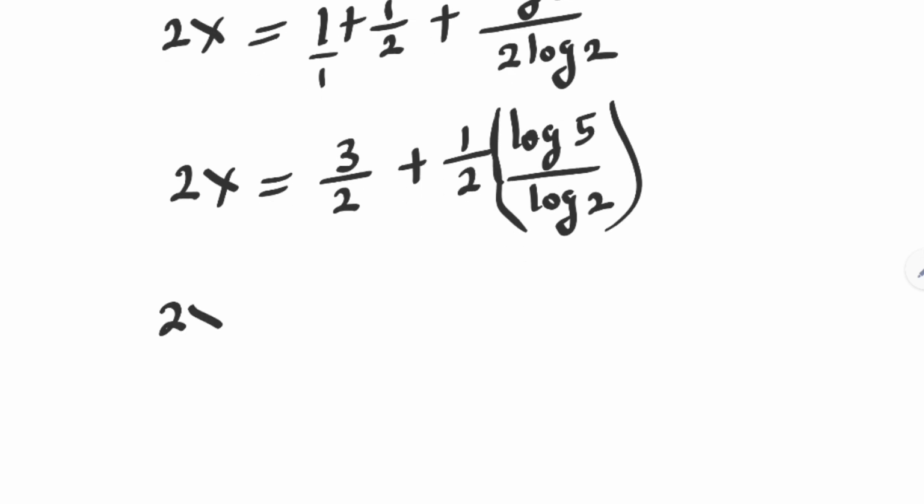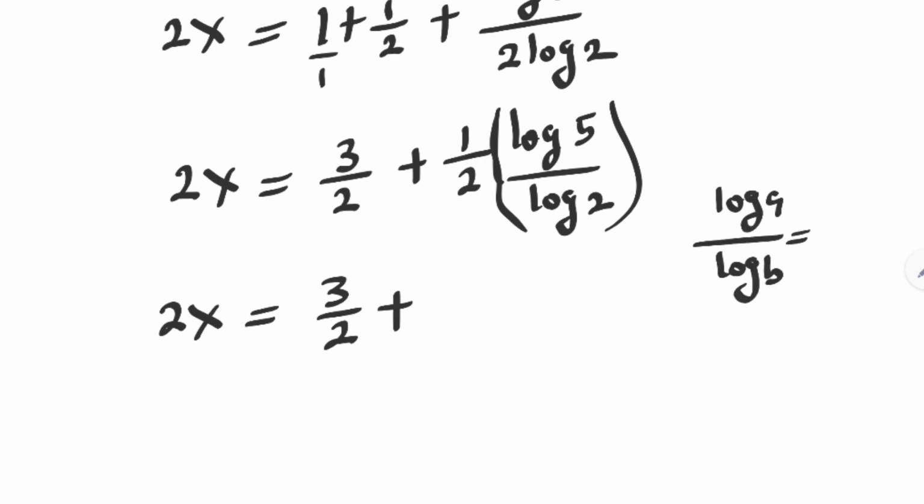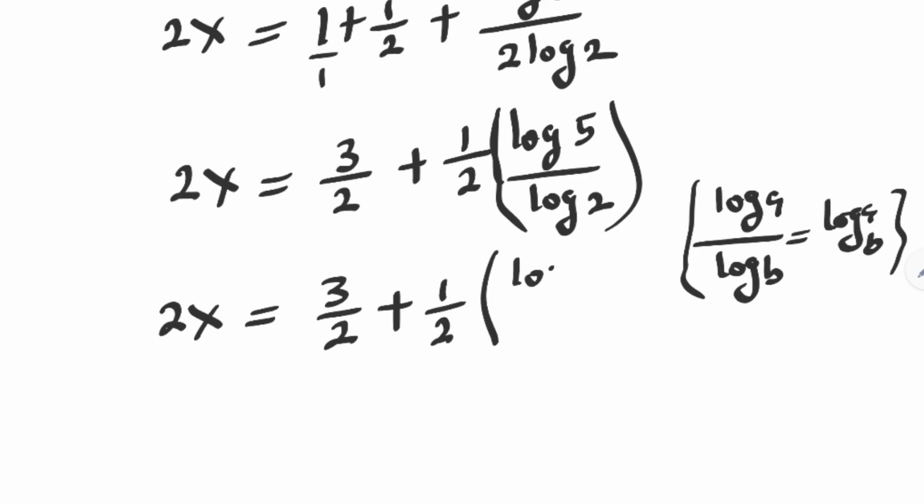Then 2x is equal to 3 divided by 2 plus, if you have log a divided by log b, this is equal to log a base b. 1 divided by 2 multiplied by log 5 base 2.